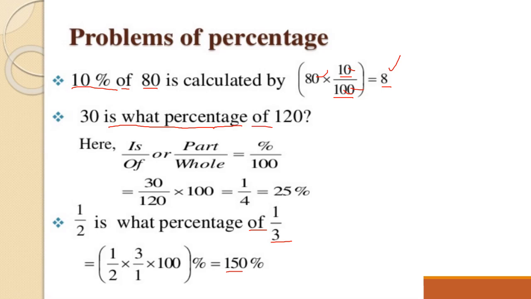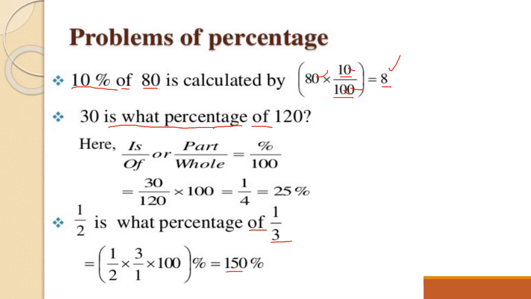Of, in mathematics, shows multiplication. So 10% multiplied by 80 is equal to 80 multiplied by 10%. We remove the percent from 10 and replace it by 100 in the denominator. When you multiply 80 by 10 and divide by 100, that gives you 8. It means 10% of 80 is 8.